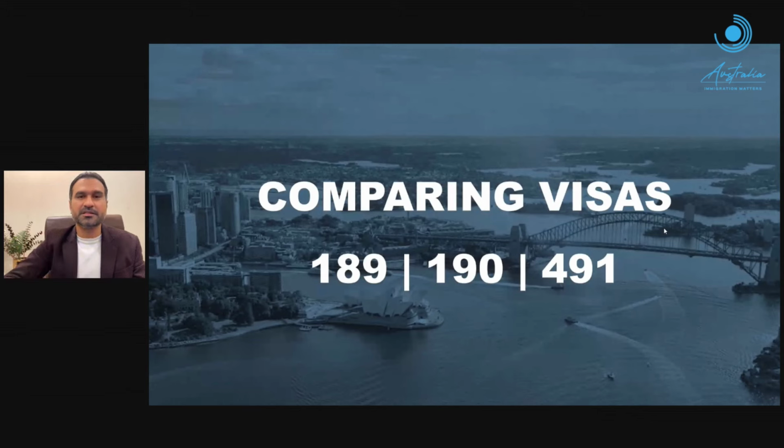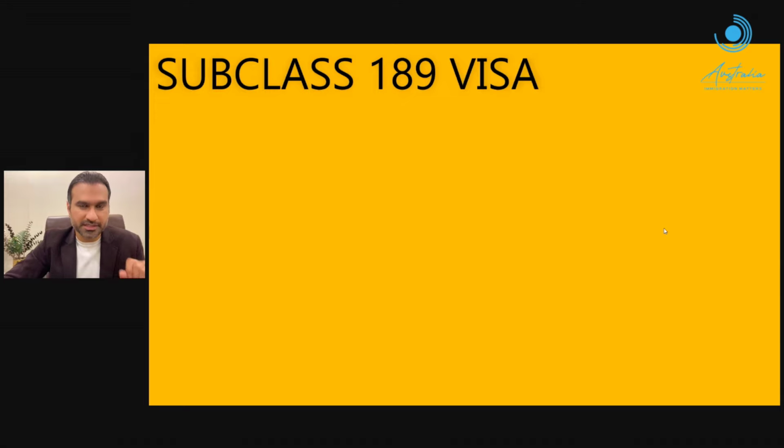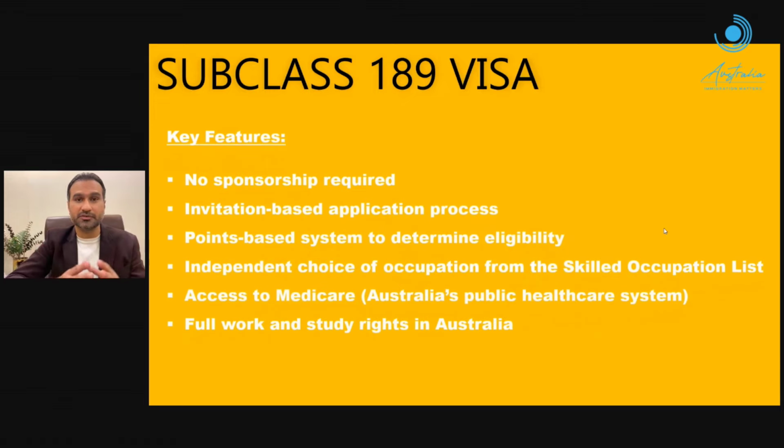So we will be comparing these three visa subclasses: 189, 190 and 491. Let's first understand the key features of each of these visa subclasses. When we talk about subclass 189 visa, the key features include that you do not need any sponsorship for this visa's selection. This subclass works on an invitation-based application model.